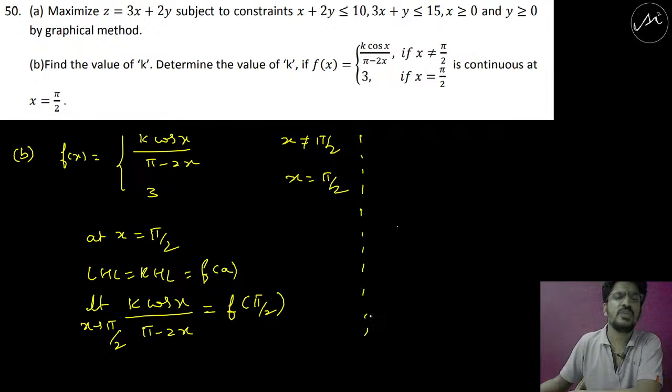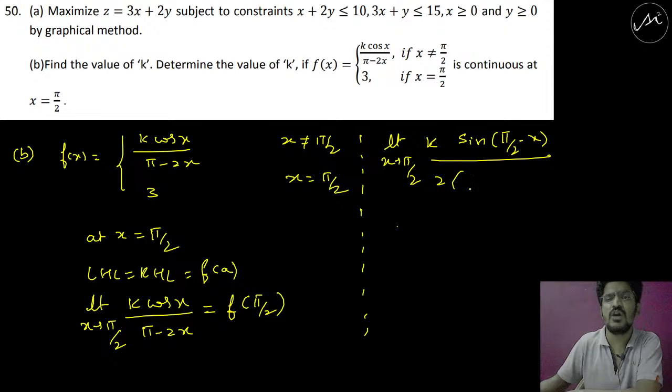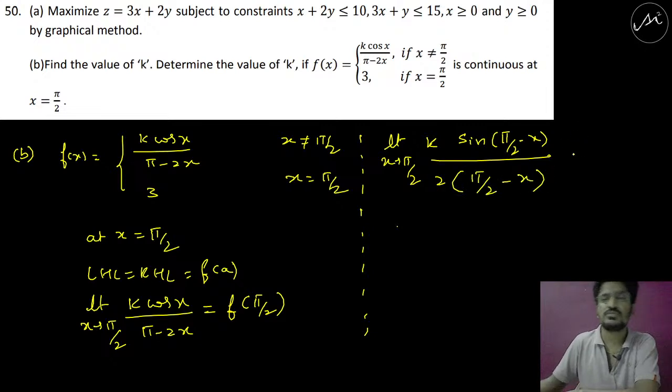So now from this you can just see limit x tending to pi by 2. K is constant, right, as it is. Cos I can write it as sine of pi by 2 minus x divided by, I can take 2 as common, so it will be pi by 2 minus x, that is equal to f of pi by 2, which is how much? 3.